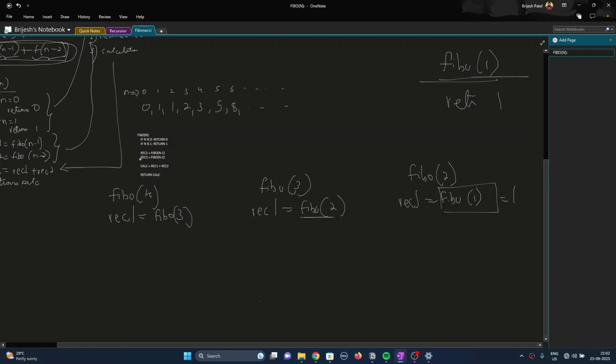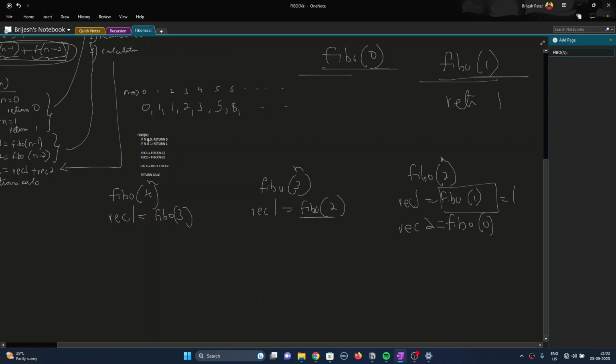Then it comes to the next line, which is REC2, which is equal to Fibo of n minus 2. Here n value was 2. Similarly, here n is 3, here n is 4. Here the n value was 2, so now we do Fibonacci of 2 minus 2, which is Fibonacci of 0. So Fibonacci of 0, how would that look?